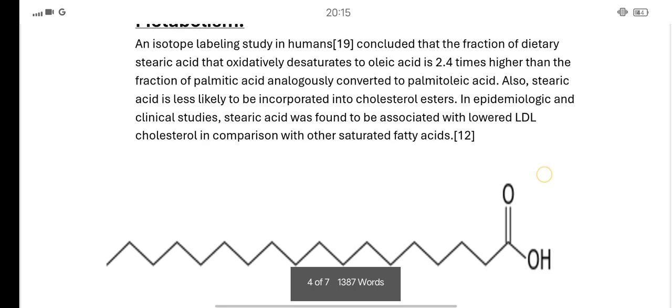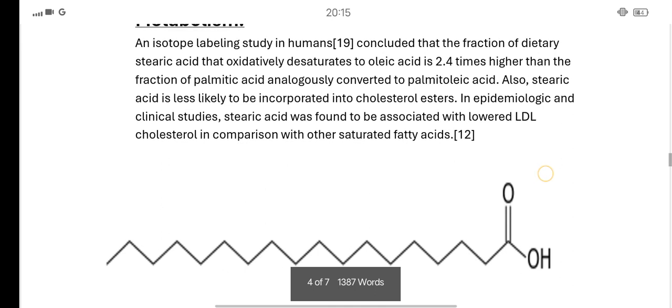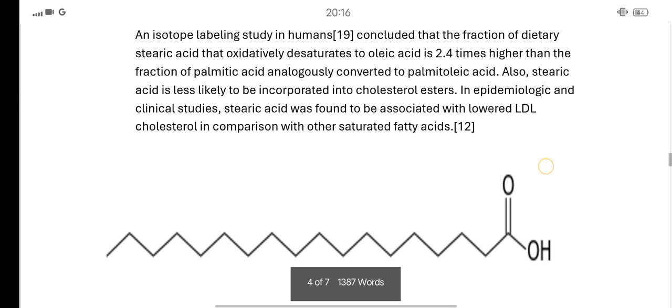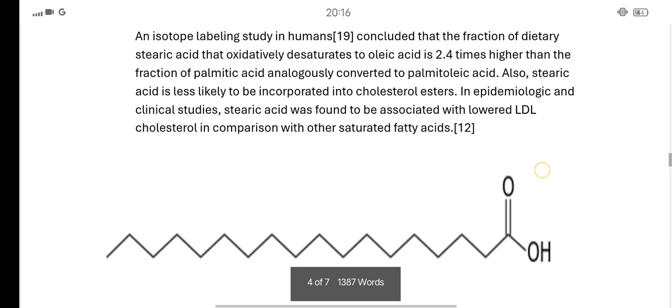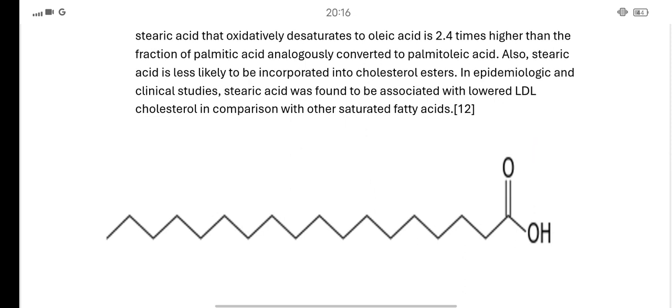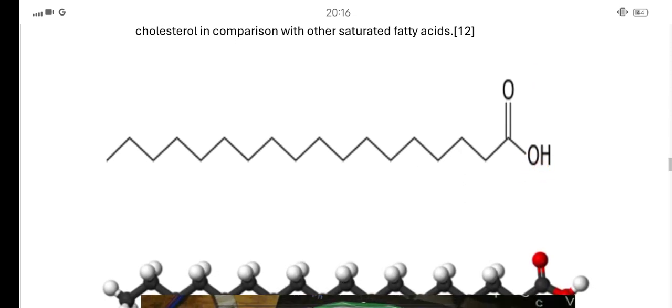Also, stearic acid is less likely to be incorporated into cholesterol esters. In epidemiological and clinical studies, stearic acid was found to be associated with lowered LDL cholesterol in comparison with other saturated fatty acids. So here is the structure of stearic acid.